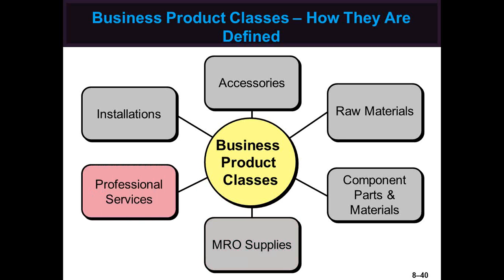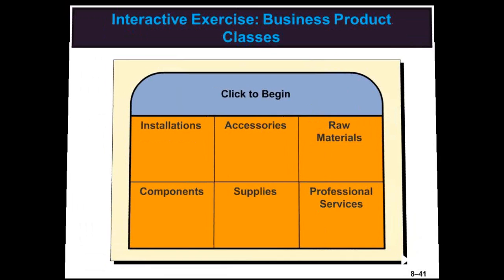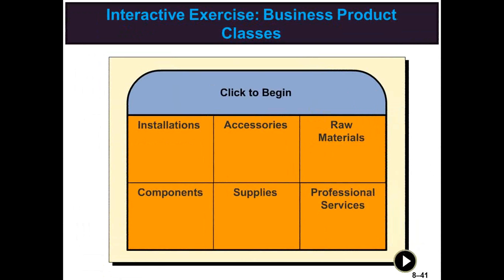Professional services are specialized services firms pay for in order to get them done. They support a firm's operations, such as consulting services might. Here we have business product classes.